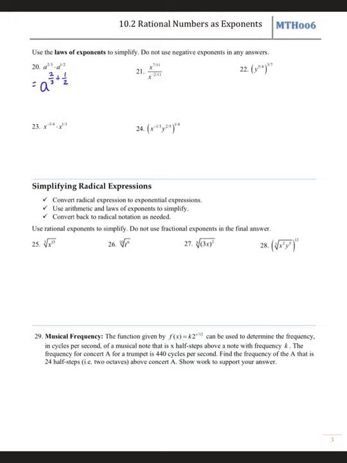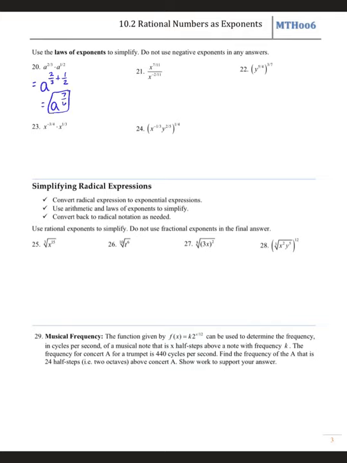But keep in mind, to add fractions, you have to make sure that you find a common denominator. So it doesn't matter how you work through it. Again, I recommend using the calculator unless you're comfortable with fractions. We do 2/3 plus 1/2, and we get 7/6. So this would be a to the 7/6 power.